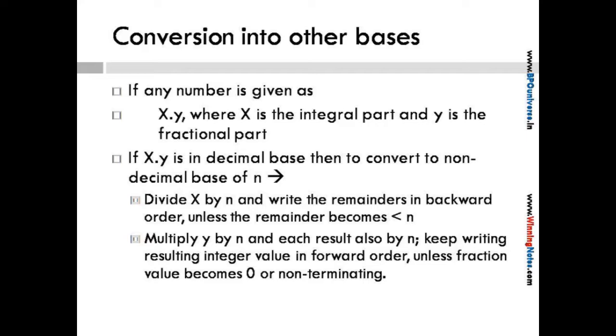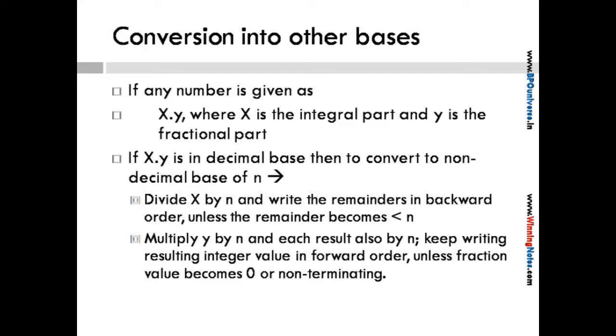Write the first quotient on the rightmost side, then write the next quotient immediately to the left of that, the next quotient immediately to the left of this second quotient, and so on, till you reach a remainder which is less than n, or in this case less than the digit 2. Once you have done that, because you are writing the first quotient on the extreme right, what you will have is a series of numbers from left to right, and this is how the integral part of the new number system will be represented.